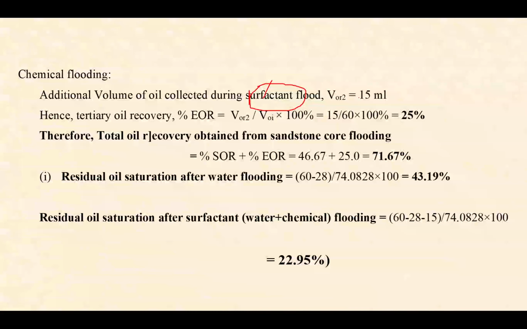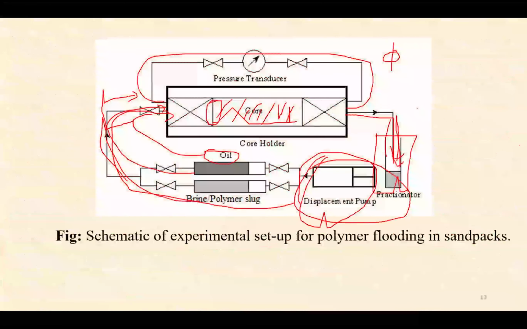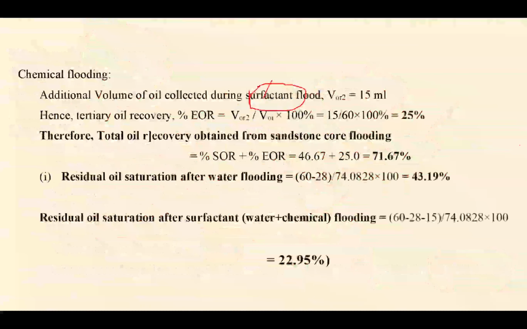So an additional 15 ml of oil is produced. So additional recovery is 15 divided by the original oil in place, in percent. So it is around 25%.